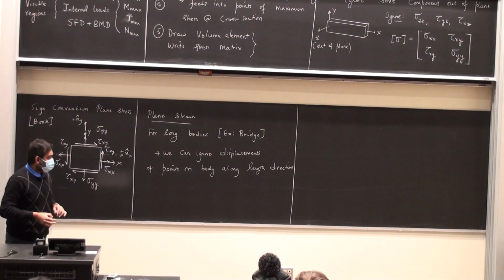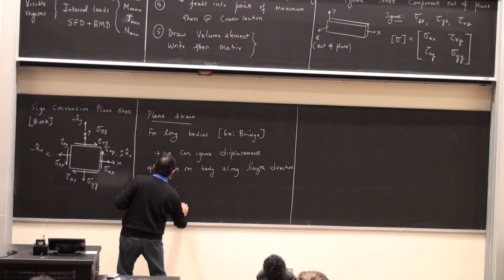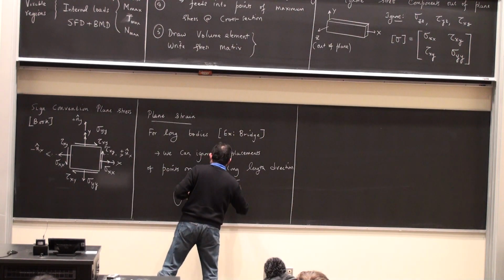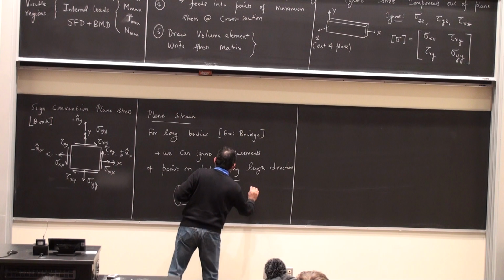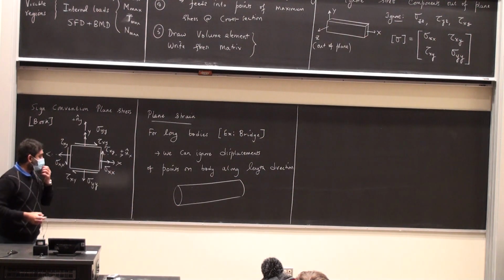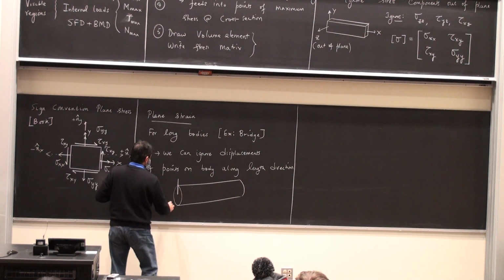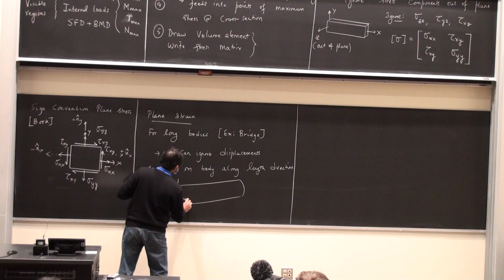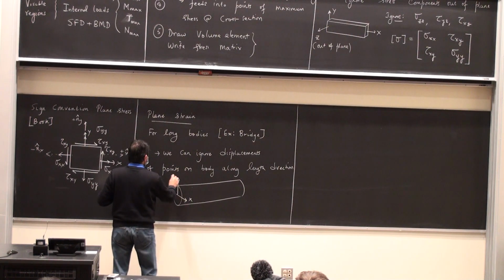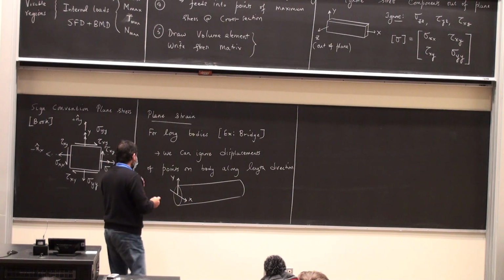Okay, so if I draw a very long pipe, for example, I'm going to set up a pair of axes. The planar axes will be y and x. Okay, then the z-axis is going to be the axis of symmetry of the pipe.